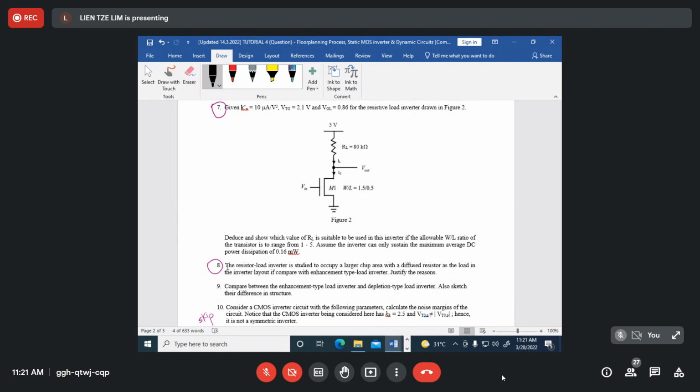Justify the reason. This one is not difficult. The answer can also be obtained from the lecture notes or from the reference book, which is recommended.